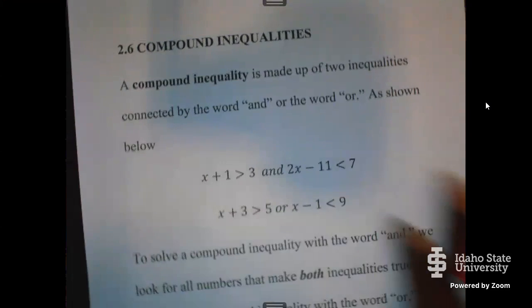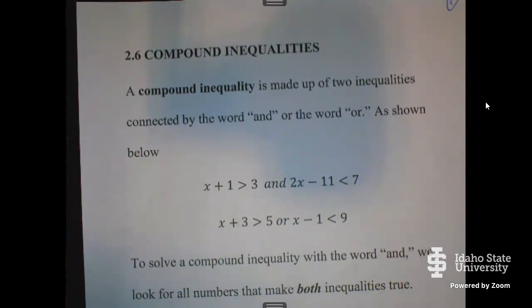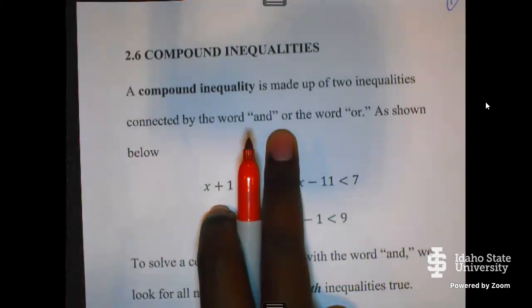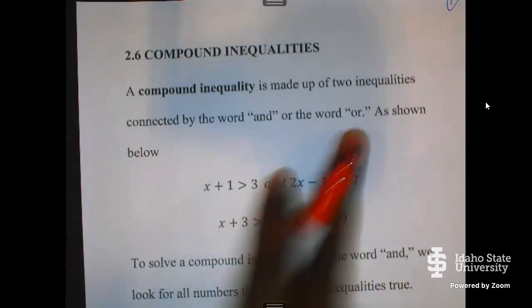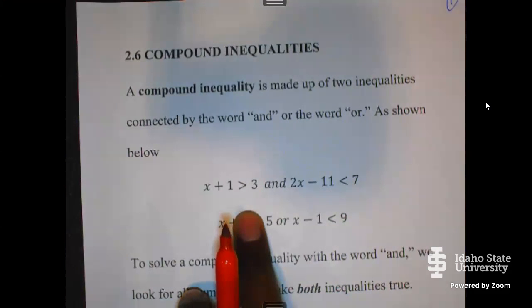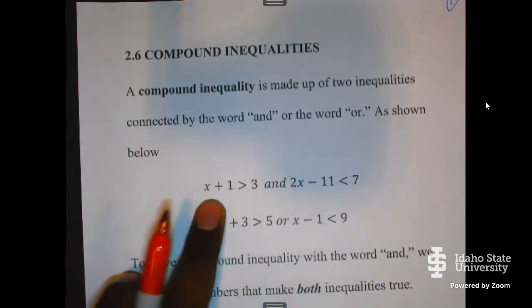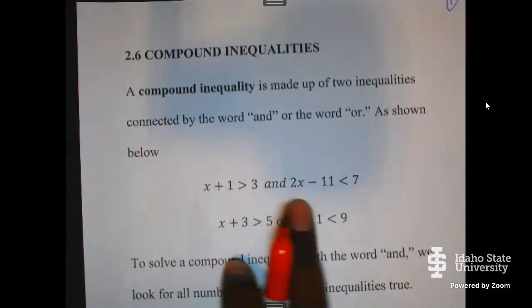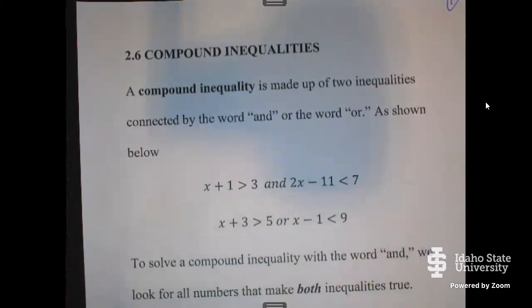A compound inequality is made up of two inequalities connected by the word and or or, as shown here. So we have the inequality here, x plus 1 is greater than 3, and 2x minus, and also this one for the or.